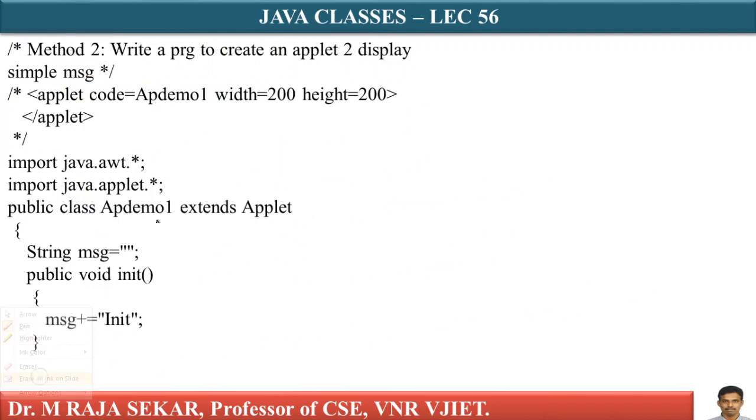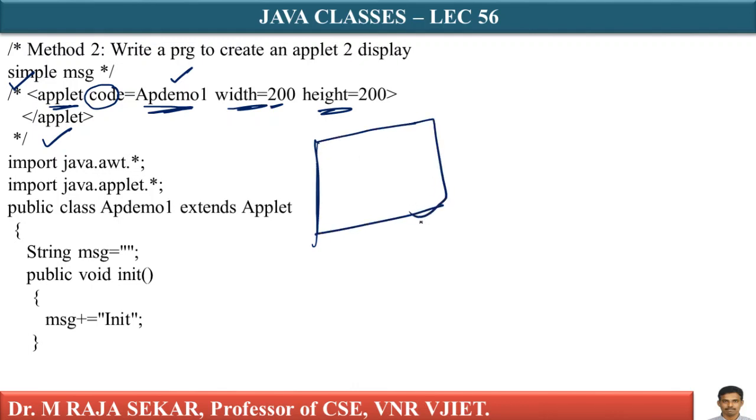Just see here. This one is my HTML file. How can I write my HTML file? Applet, this is a tag. This class file name is appdemo1.java. Therefore, in the place of code, I must write appdemo1. Width equal to 200, height equal to 200, means your applet window must have this size, 200 by 200.